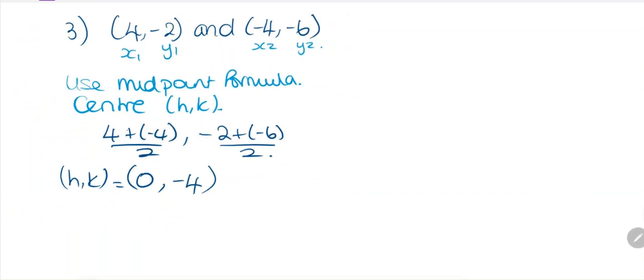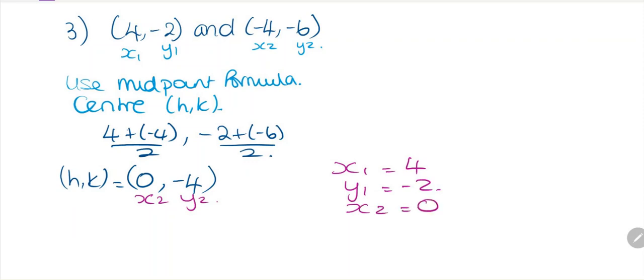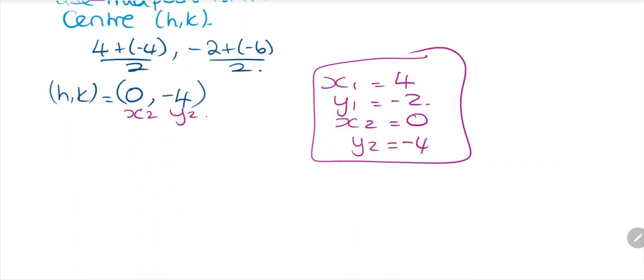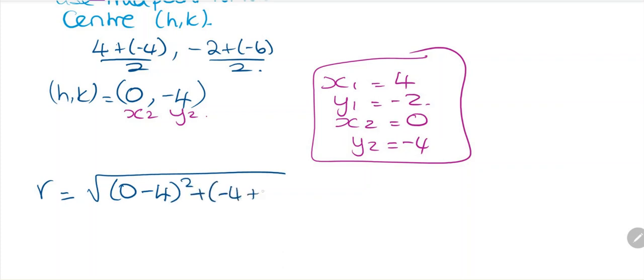So this is going to be x2 and y2, and then we'll have x1 is 4, y1 is minus 2, x2 is 0, and y2 is minus 4. And just put those into the distance formula. So we'll have r is equal to the square root of (0 minus 4) squared plus (minus 4 plus 2) squared.